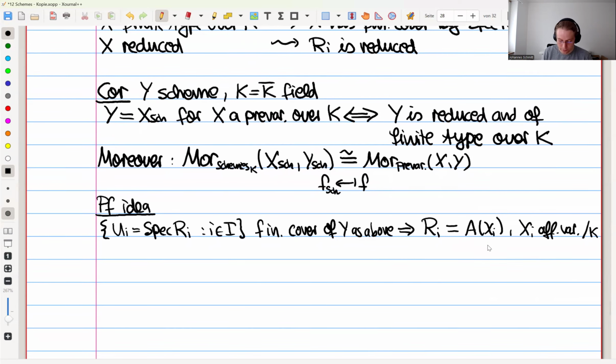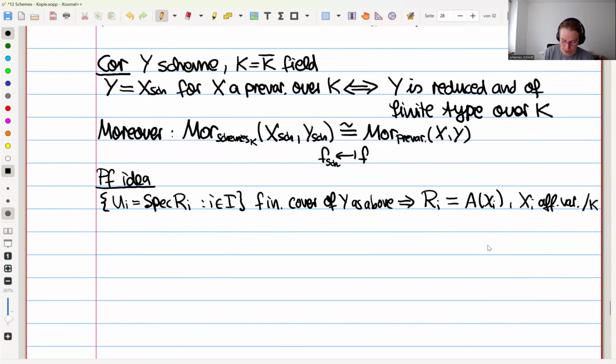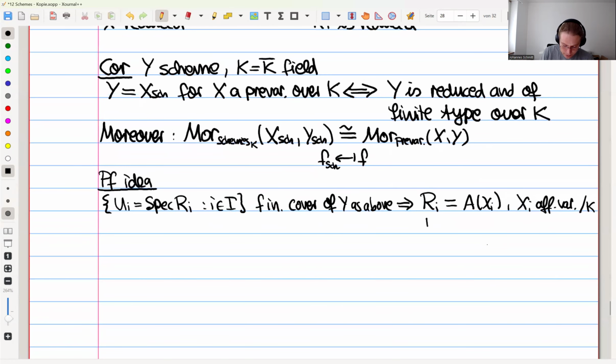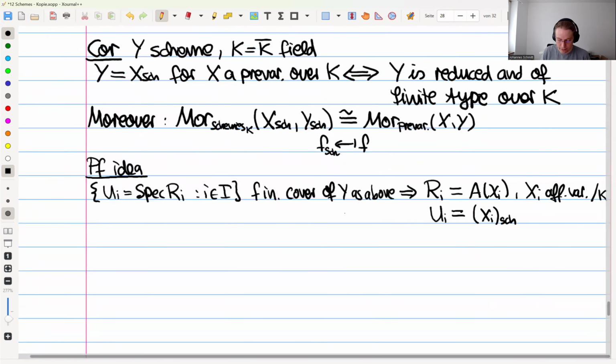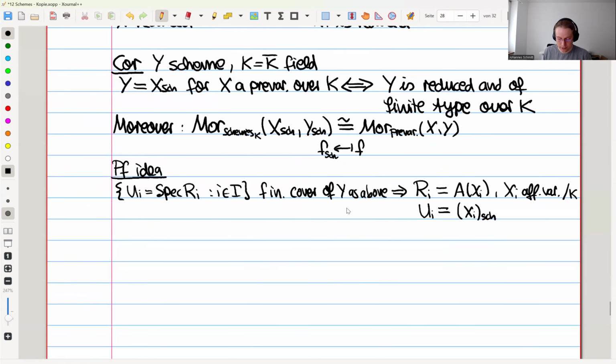And moreover, by the construction that we saw in the previous video, these Ui, these schemes which cover Y, are exactly the scheme version of these affine varieties which we got. And now we're already in pretty good shape because now we have these individual pieces which are affine varieties.